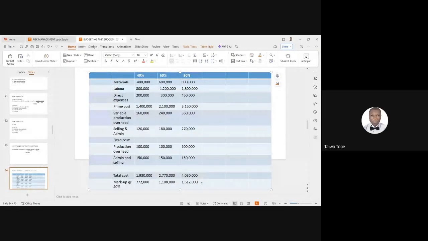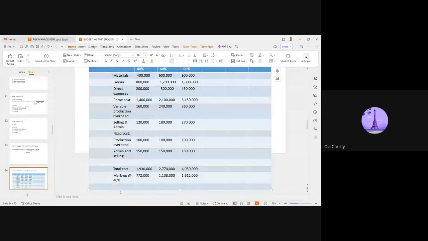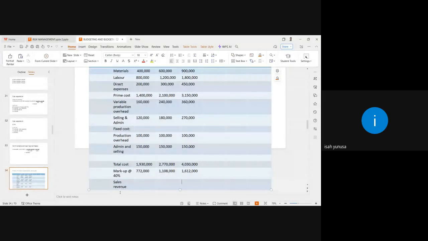1,612,000. So what will now be your total revenue at each point? At 90% it is 5,642,000.